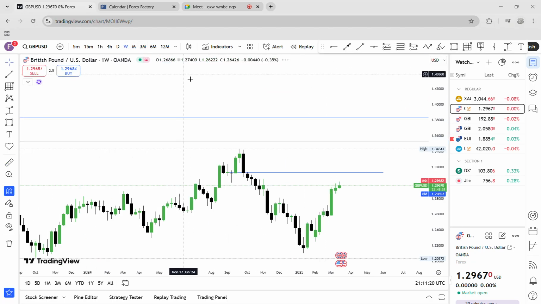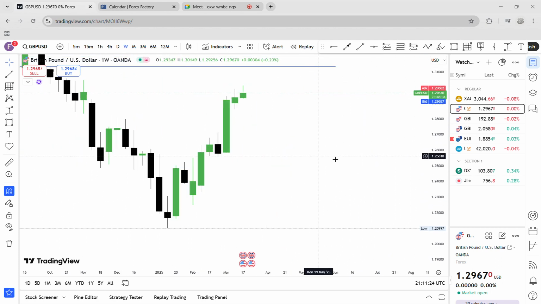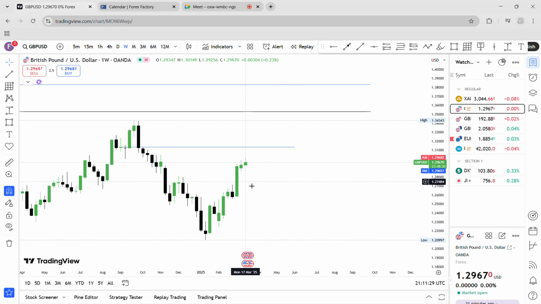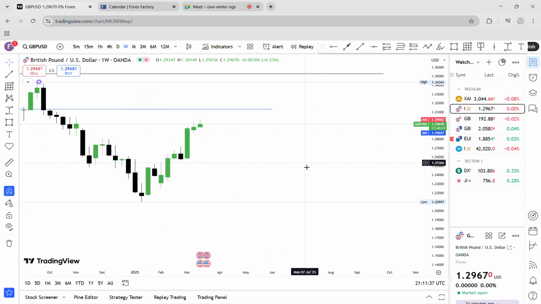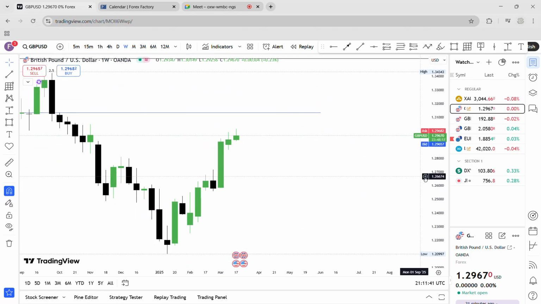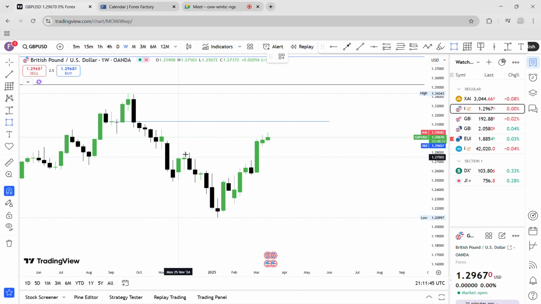So in the weekly time frame, what can we see? What is the price doing? This is when you start to look for an area where you can take your buy to trade into this level, this level, this level. And what area can we see in this price action?